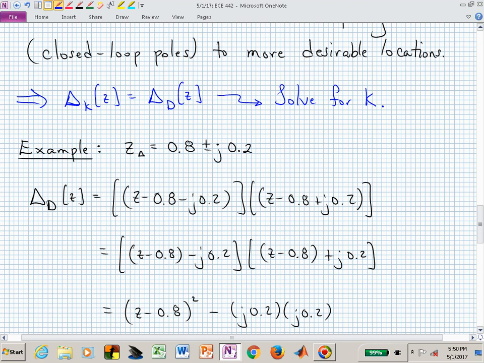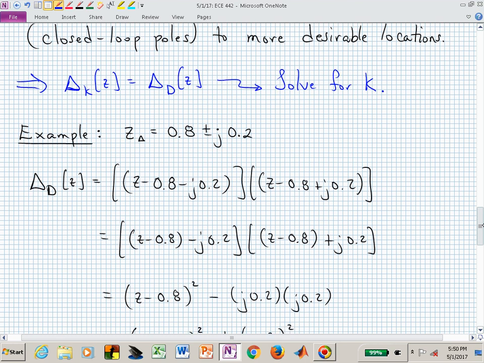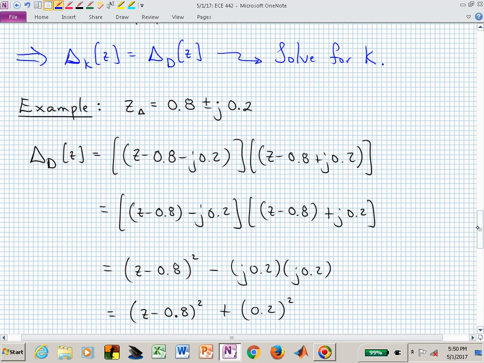Or we now have minus the product of j 0.2 times j 0.2. And j squared is minus 1. That causes the negative sign to become positive, and this is actually maybe where you would start if you were doing this design on an exam.